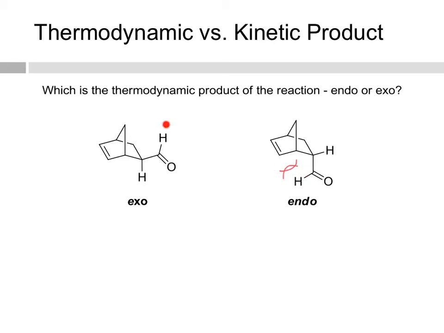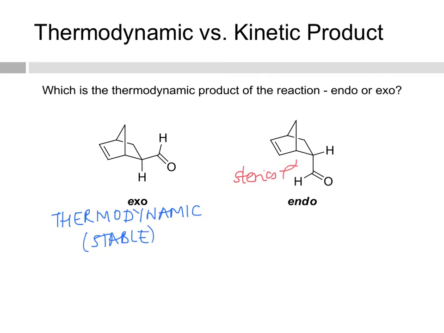And here you've got the larger group in the pseudo-equatorial position, so it's away, going outside, and it's closer to the smaller bridge. Because you have sterics here, the exo product is the thermodynamic product. So this is more stable, and the endo product is the kinetic product, and that's formed faster.